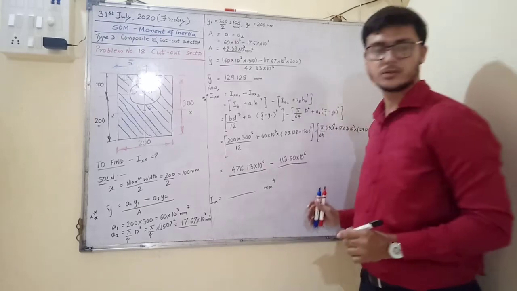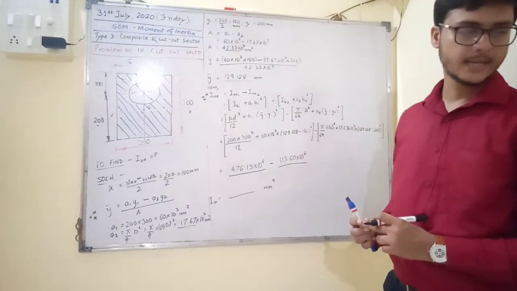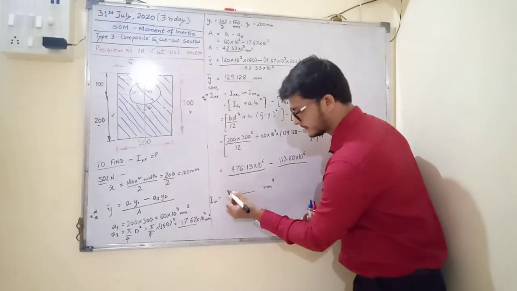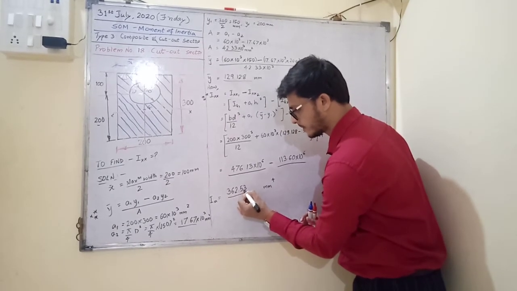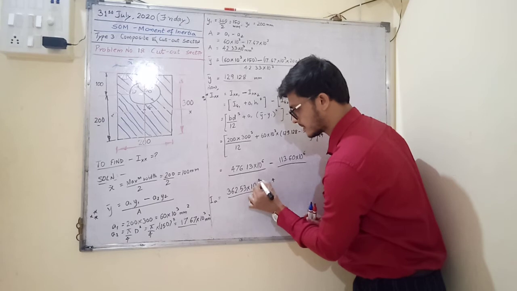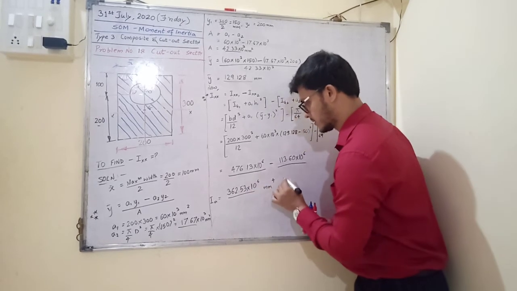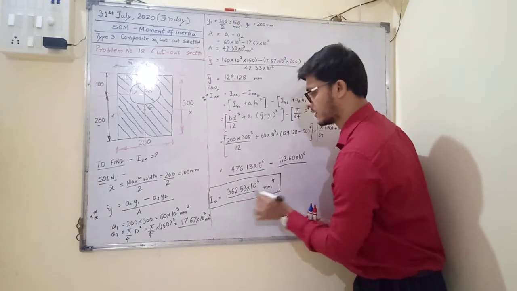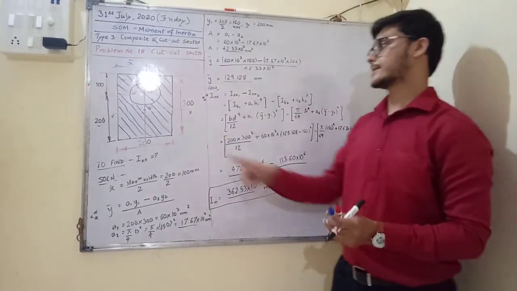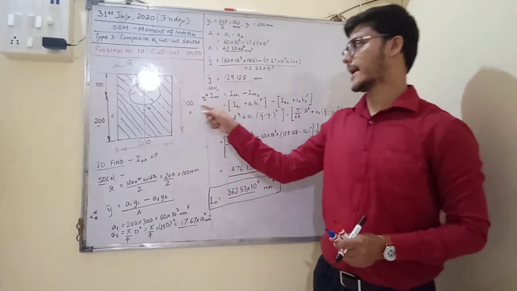On subtracting these two, I got the final answer as 362.53 into 10 raised to 6. So this is the final answer which needs to be calculated. Moment of inertia through its CG, centroidal axis, only one axis was asked, the x-axis.